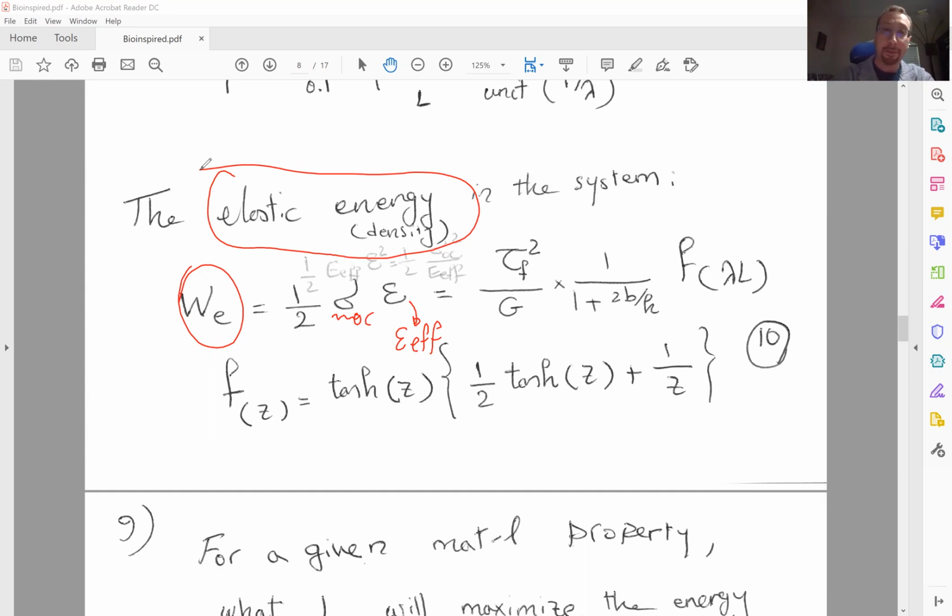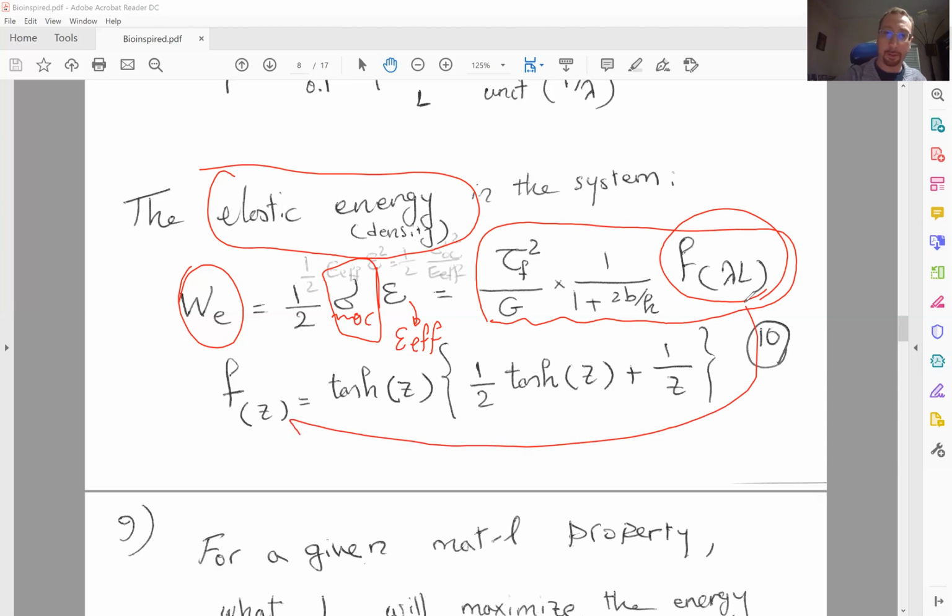Now, if I put the value of sigma 0c, the critical value of sigma, it's the maximum energy I can store in this guy before it starts to deform plastically. And it's just a replacement of equations we had before. You get an equation like this, where the function f is defined here.